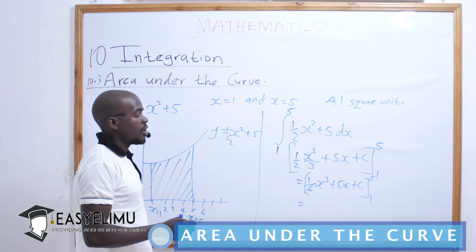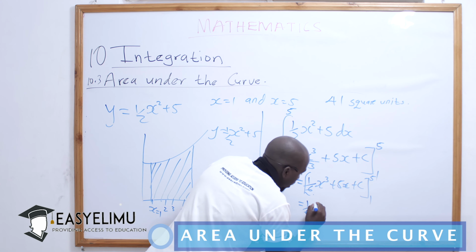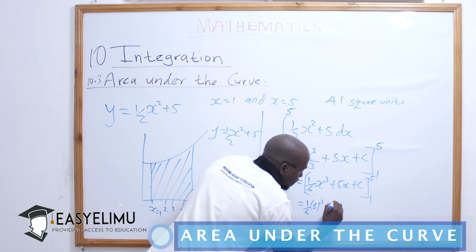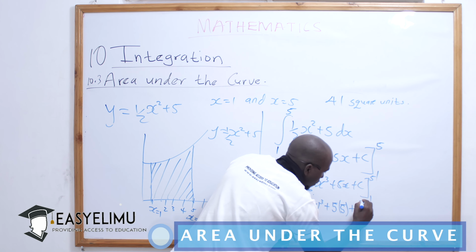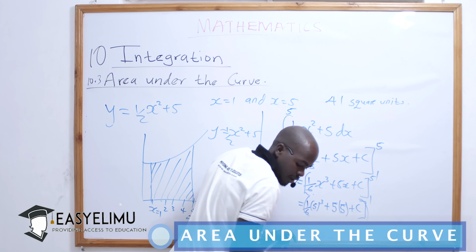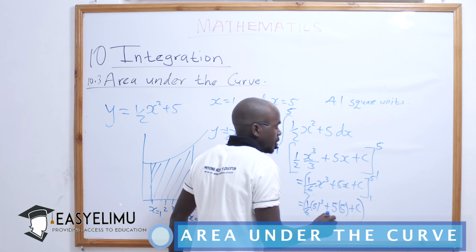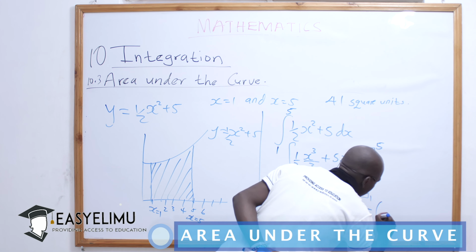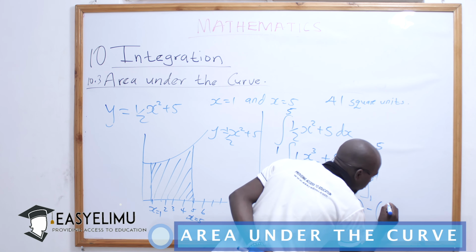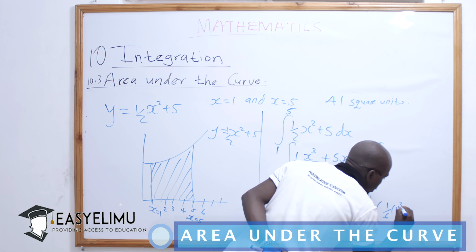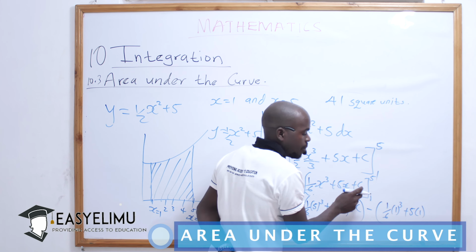In replacement of x with 5, we get 1 over 6 times 5 cubed plus 5 into 5 plus c. Actually, it should be just an ordinary bracket, because I'm removing the constant of integration and the limits of integration. Minus, because we are now substituting 1: 1 over 6 times 1 cubed plus 5 into 1, plus c.